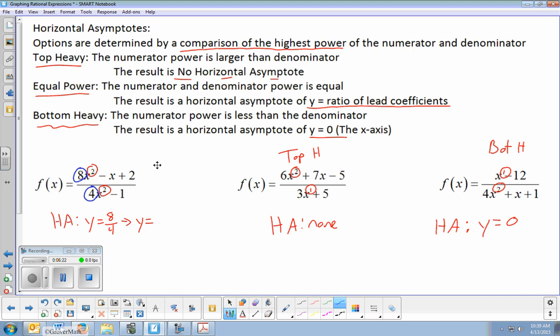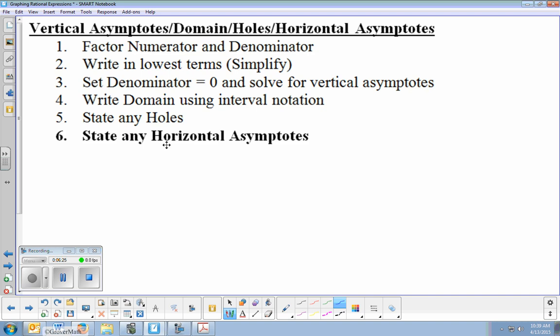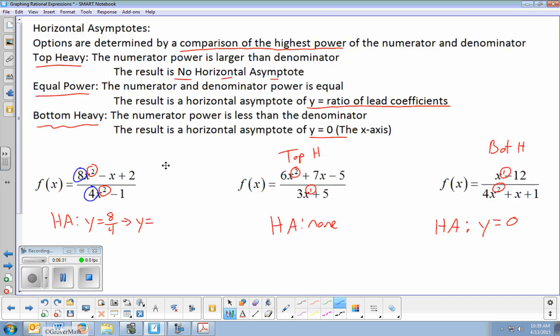When I go to step 6, state any horizontal asymptotes, I need to go back to the original problem and use that as my comparison, not the simplified problem. So you don't want to cross things out too much. You factor and simplify, but for the horizontal asymptotes, which we don't do until step 6, you need to go back and look at the original pre-factored problem, and that's what you use to evaluate.